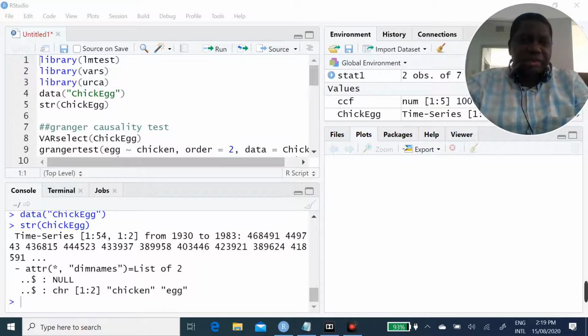One is lmtest for the Granger test, vars to determine the optimal lag length, and urca for the unit root and cointegration analysis. And for our illustration, we want to make use of a data set called ChickEgg in lmtest.